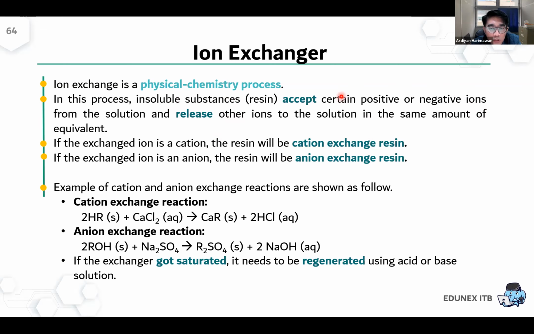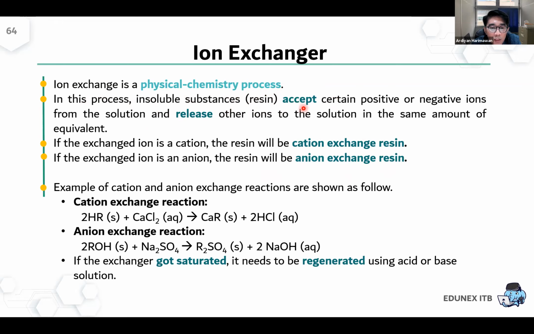So either it's positive or negative, depending on which part of the ions you want to remove, then you can use either the cation exchange resin or anion exchange resin. In this process, the resin is in solid form, in the insoluble form.